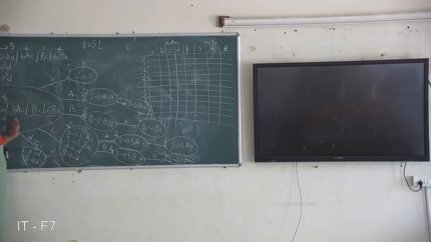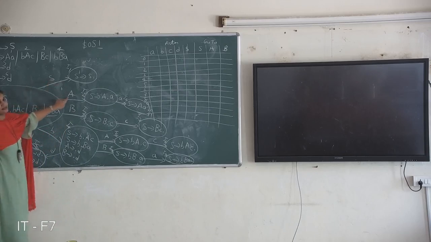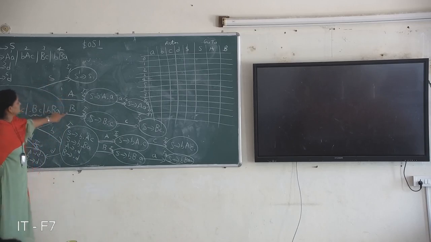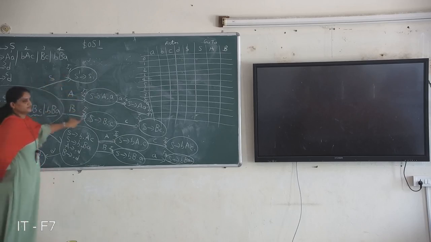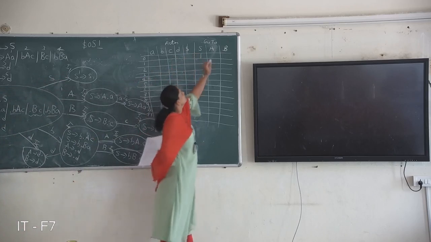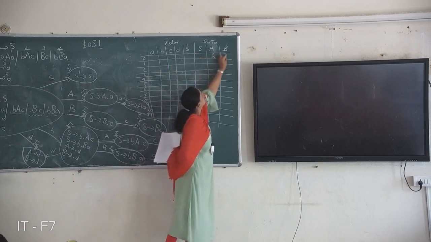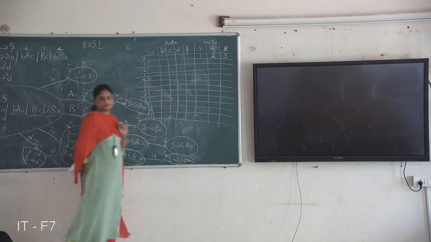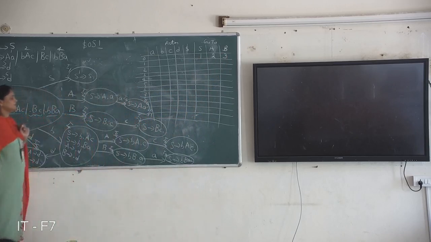Next, the first state, okay, so the zero state. First write the non-terminals. So S, A, B are the non-terminals. When we apply S, A, B, it goes to states 1, 2, 3. On S it goes to state 1. On A, 2. On B it goes to state 3.